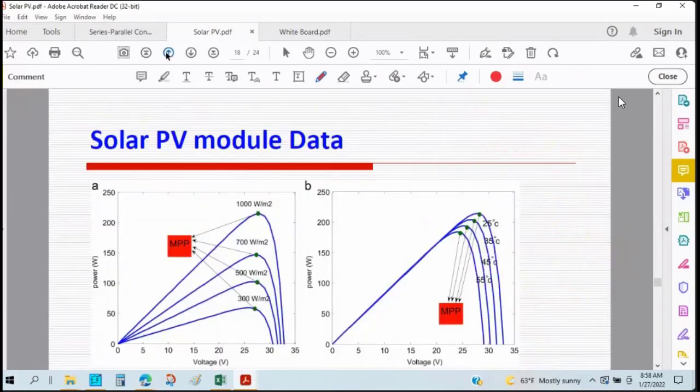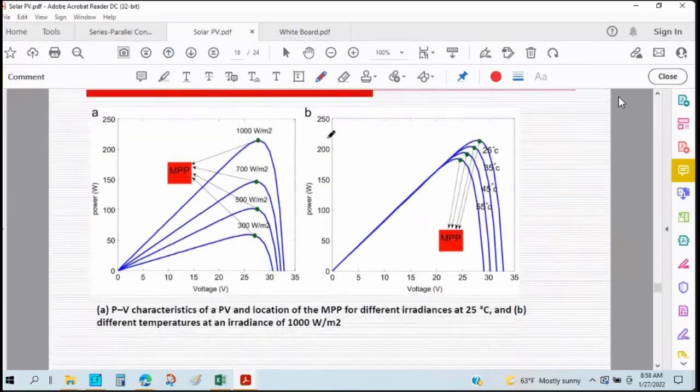And you can see from the curves that we have here in this slide that in case of the left one, the temperature is constant. I mean, the temperature is 25 degrees Celsius, but if the intensity of light, I mean irradiance, changes, then the maximum power point varies. So it's not fixed.